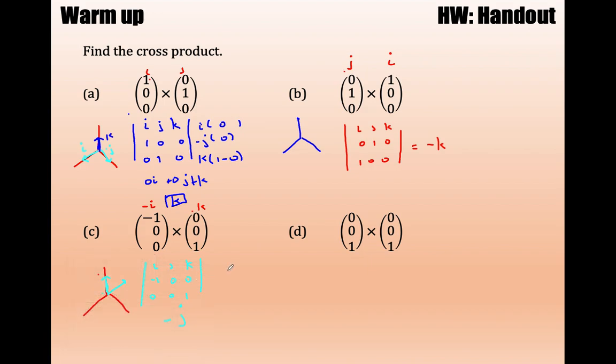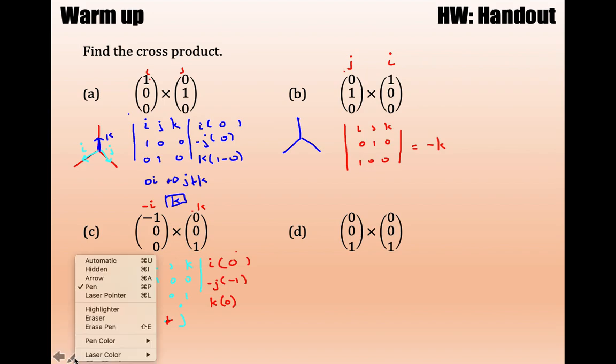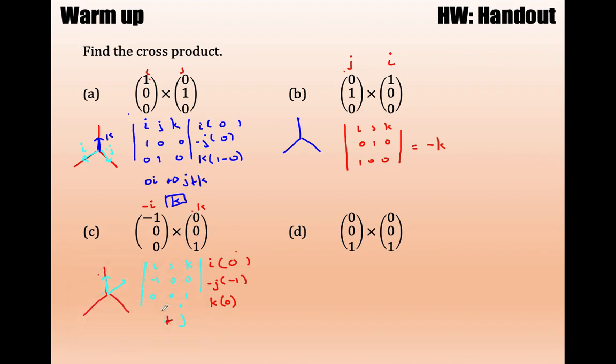Remember, when you're doing your actual determinant work, it's the mini determinant times i, the opposite of the mini determinant times j. So this one was a 0. This one was a -1, but you had the opposite, and then you certainly had the 0 with k, so this is actually positive j, right? So that's this vector here.